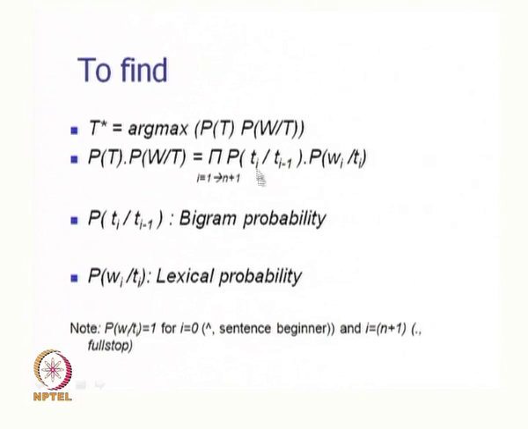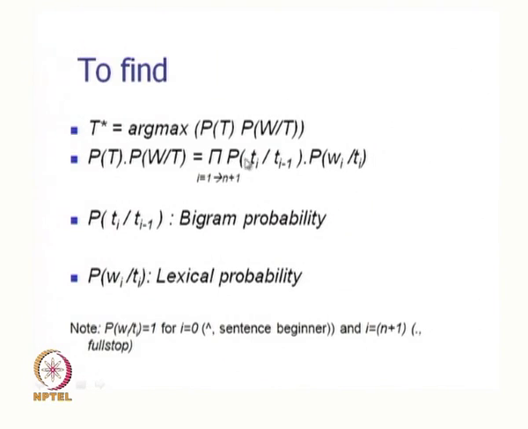It could be trigram also, in which case this expression would be P(t_i given t_i-1, t_i-2), and the lexical probability P(w_i given t_i) comes from the assumption of lexical independence, which is that at a position the word is determined completely by the tag at that position.